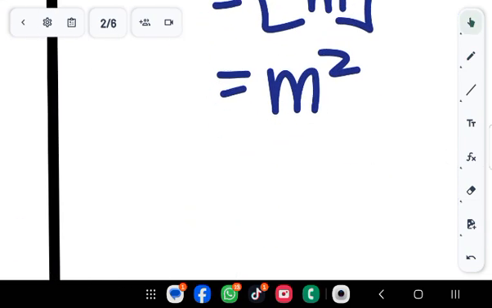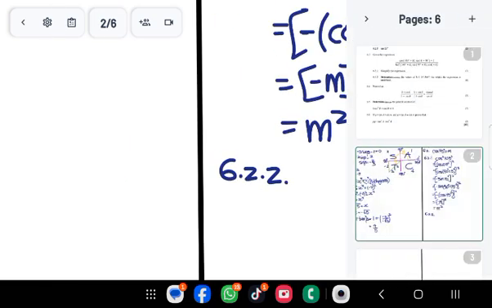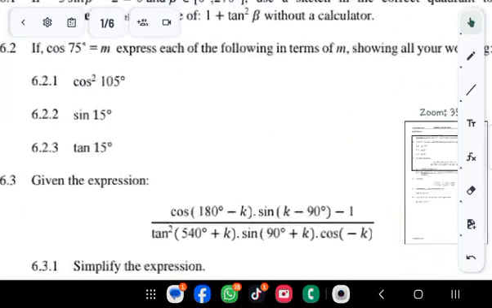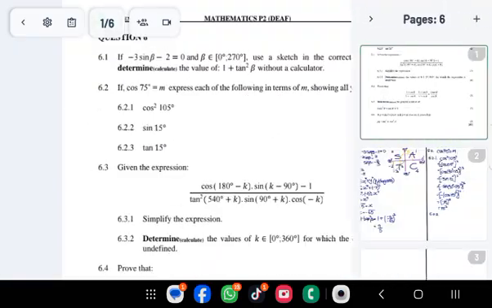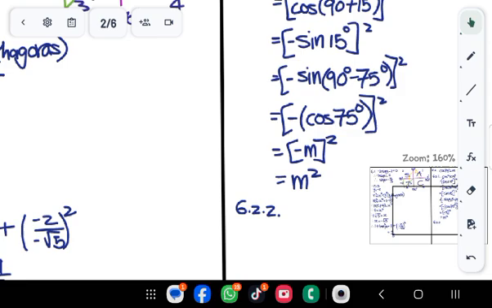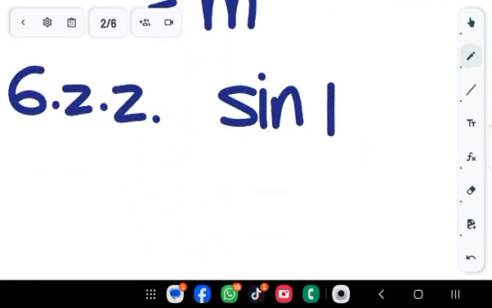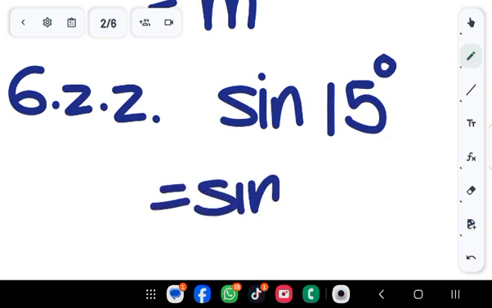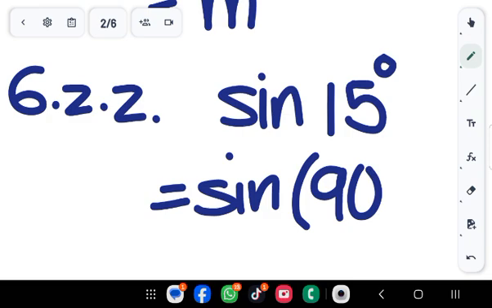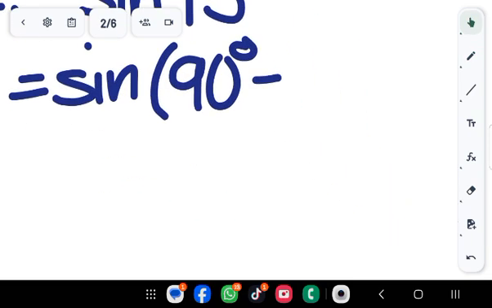6.2.2. Sine of 15 degrees. We already dealt with that, it should be easy to deal with. Sine of 15 degrees is equal to sine of 90 degrees minus 75 degrees.